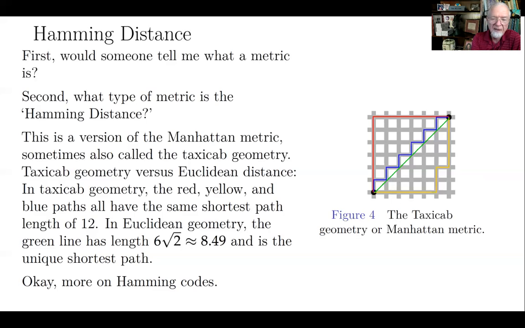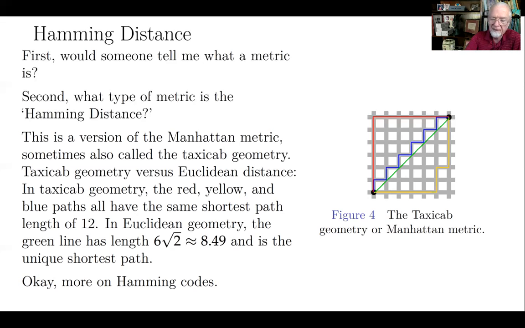So the distance in the Manhattan metric is not unique. And the Euclidean geometry, the green line, is the length of 6 square roots of 2, or about 8.5. And that is a unique shortest path.